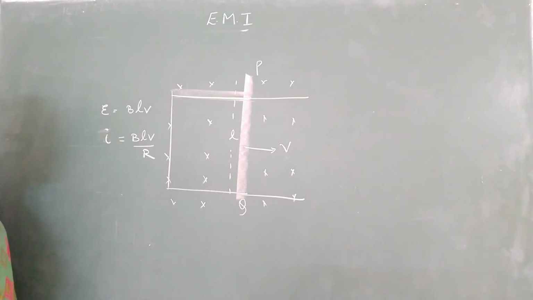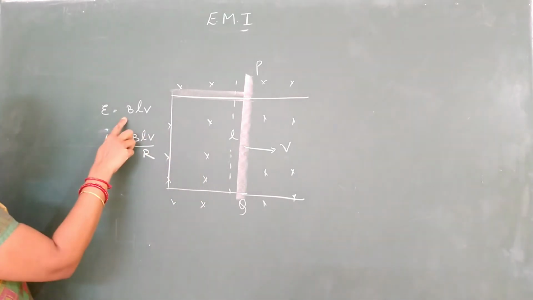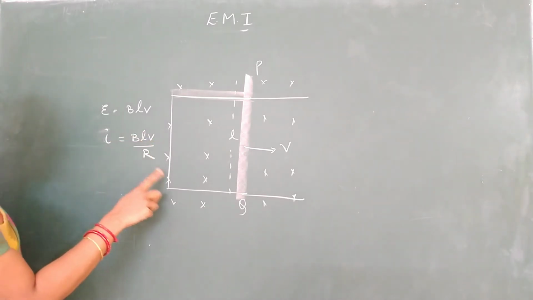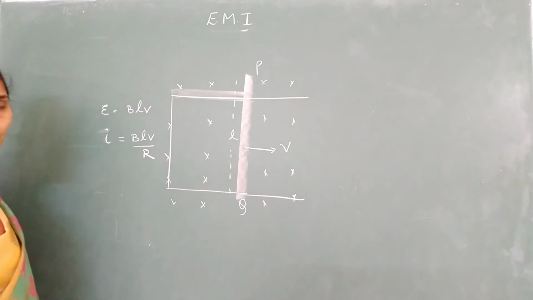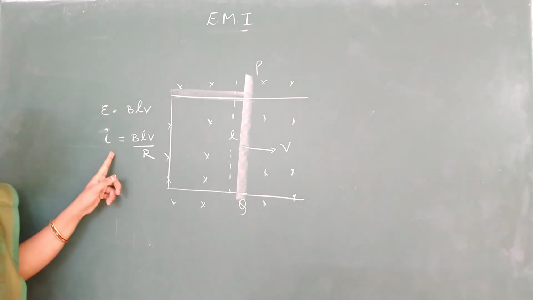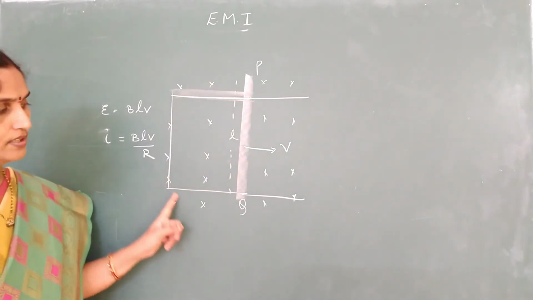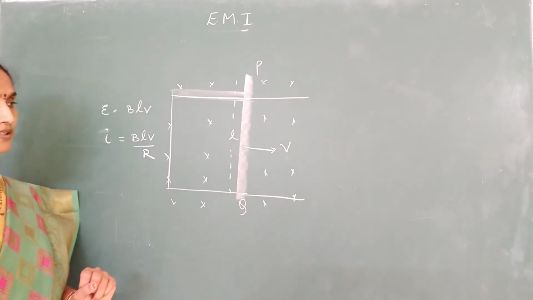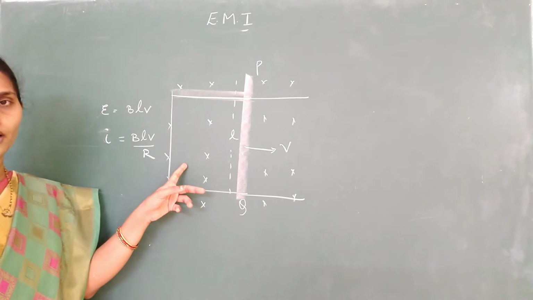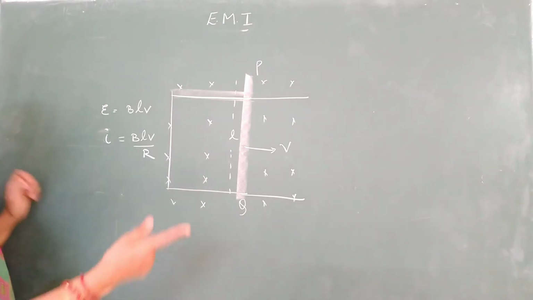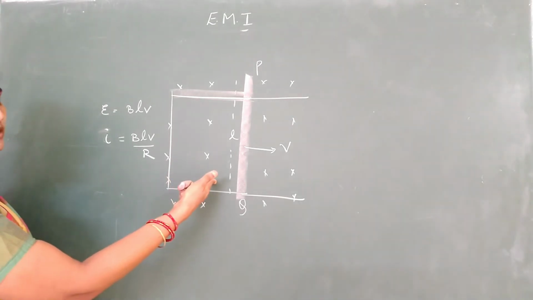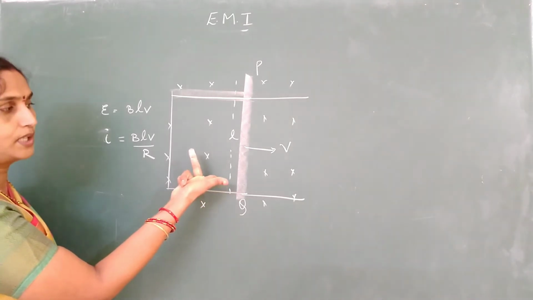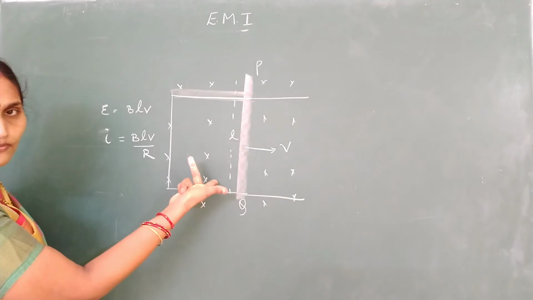It should be BLV divided by R. EMF is B into L into V. Current will be BLV divided by R. Current is possible if it is a closed circuit. Now there is a current flowing in this loop. How to get the direction of that induced current? By using Fleming's right hand rule. Put your forefinger in the direction of field. If the thumb is the direction of velocity, then the middle finger indicates the direction of current.